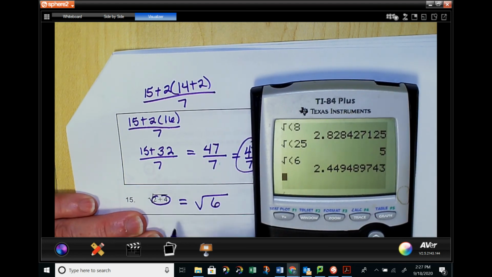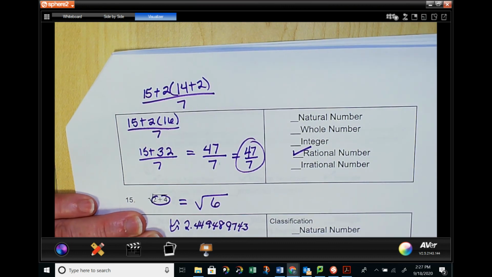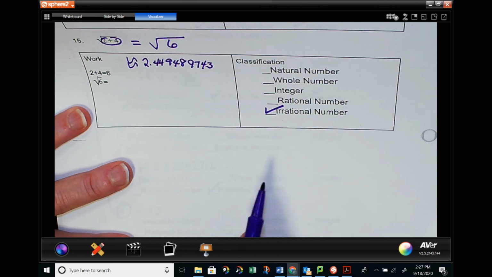So this is approximately 2.449489743. So this is not a rational number because it's a whole bunch of approximations, and those are weird little decimals. So this is an irrational number. So that one is irrational.